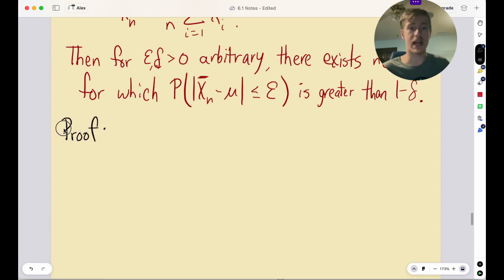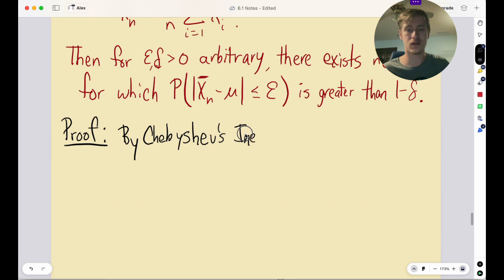The proof is really nice because we're going to use Chebyshev's inequality. Remember that Chebyshev's inequality was horribly suited for any practical application, because if you wanted to establish an upper bound for a probability of an arbitrary distribution, it was not going to be very good.